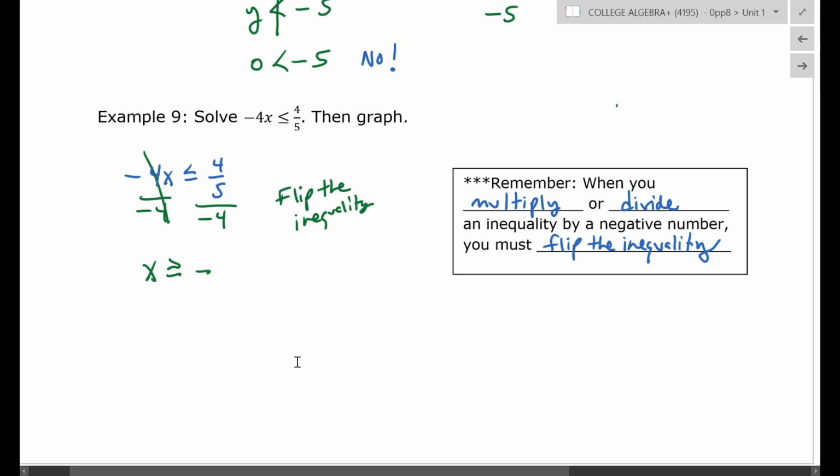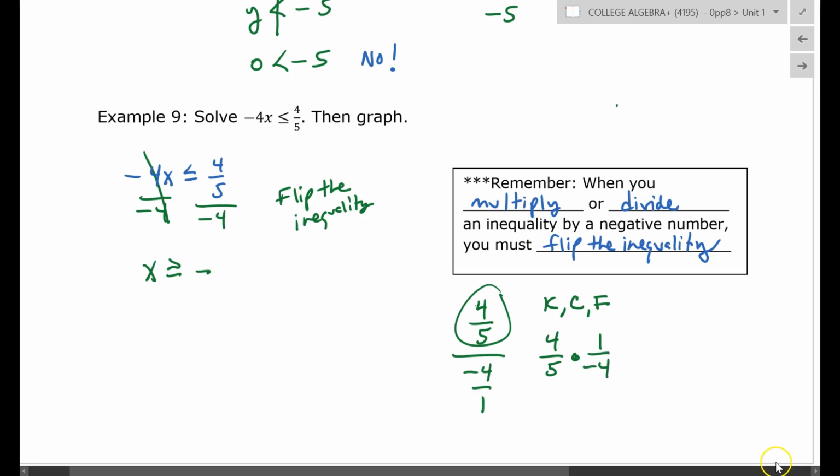All right, I'm going to show you guys a quick trick. I have 4/5 over negative 4, right? Make negative 4 a fraction really quickly: negative 4 over 1. And then keep, change, flip. Keep the top fraction, change division to multiplication, and flip this.